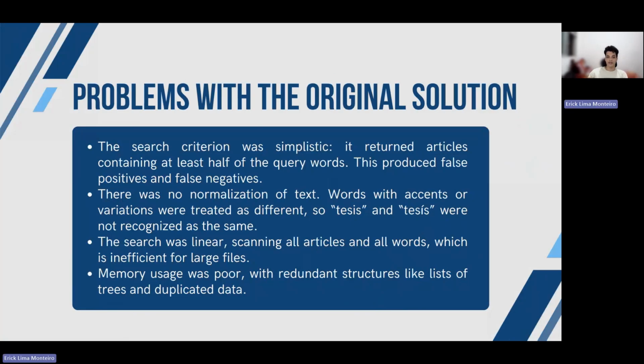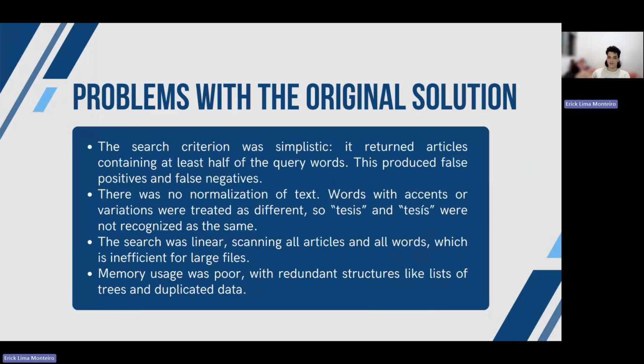Problems with the original solution. The original solution had many problems. The search method was too simple. It returns articles if half of the words matched. This causes false results. Sometimes it includes wrong articles or misses the correct ones.